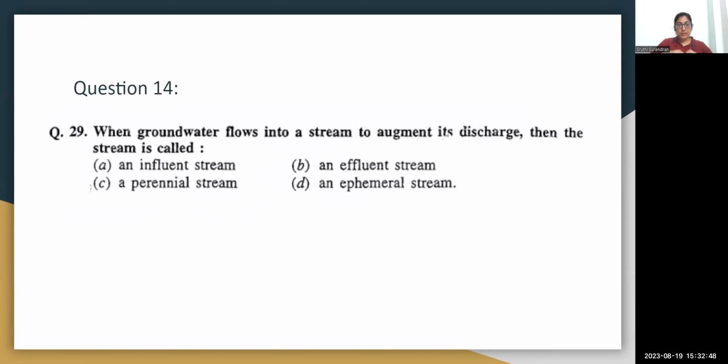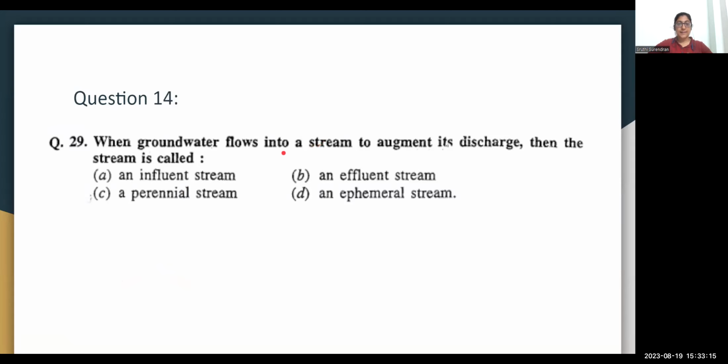Next question. When groundwater is flowing into a stream to augment its discharge, then what is the stream called? Right, so the correct answer is an effluent stream.